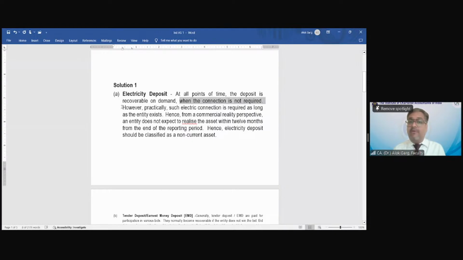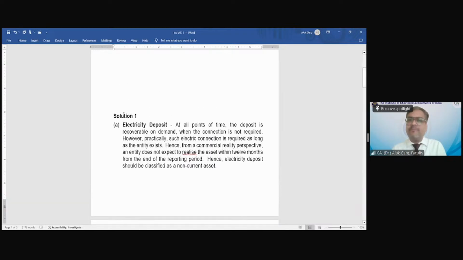However, practically, such electricity connection is required as long as the entity exists. Hence, from a commercial reality perspective, an entity does not expect to realize the asset within 12 months from the end of the reporting period. Hence, electricity deposit should be classified as a non-current asset.